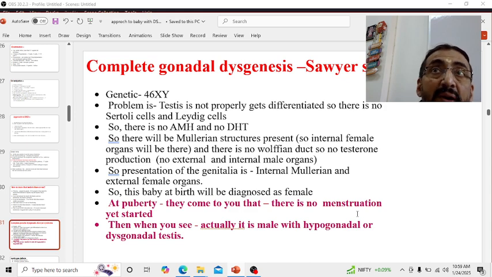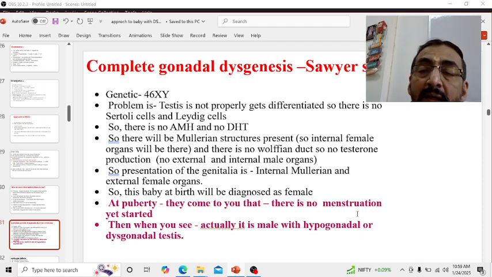But what happens when this baby reaches puberty? Then they come to know that there is no menstruation taking place. The child is looking like a female, but there is no menstruation. Then you see that actually it is a male with hypogonadal or dysgonadal testis.